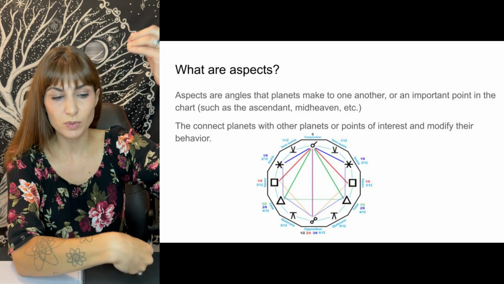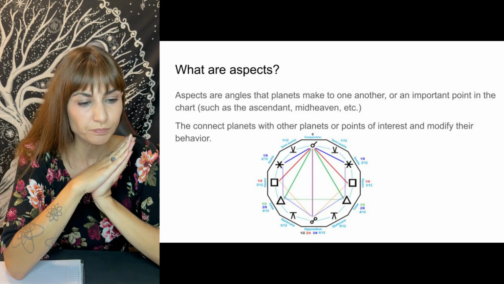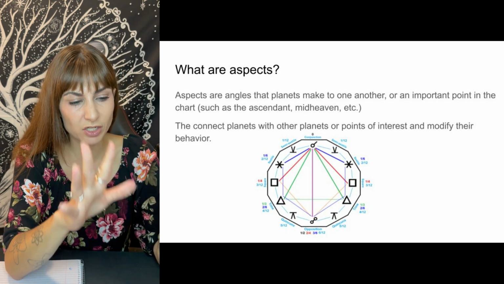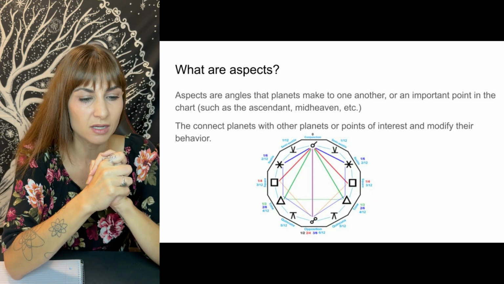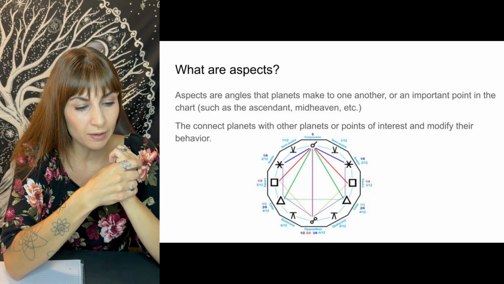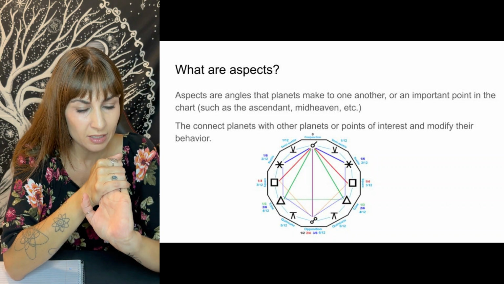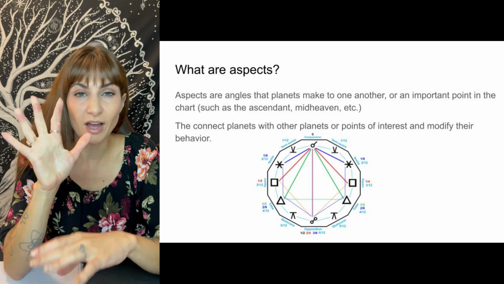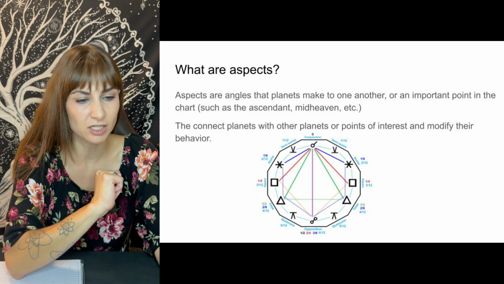An opposition is when they are on opposite sides of the chart. This one actually has the semi-sextile. We won't talk about that because it's a minor aspect. The sextile, the trine, let's see, do they have the square in here? They do have the square in here. Okay, so we'll be talking about the 5 major aspects, and we will talk about one minor aspect.